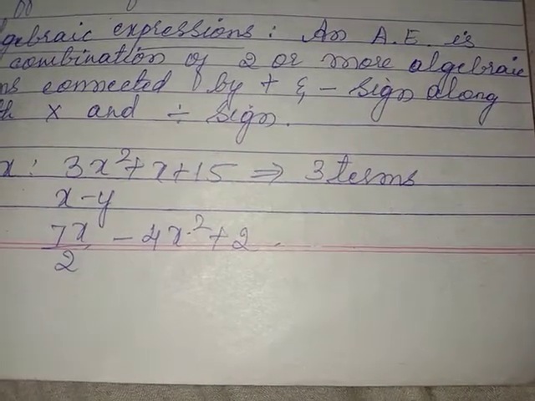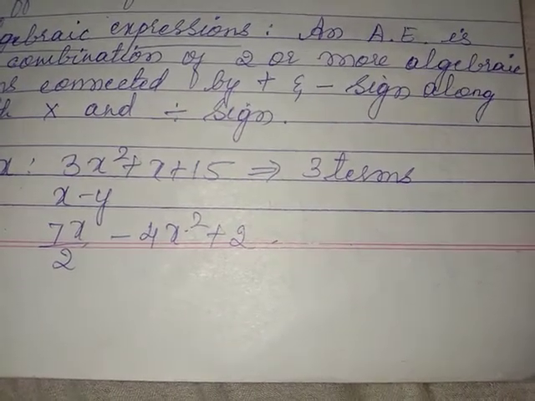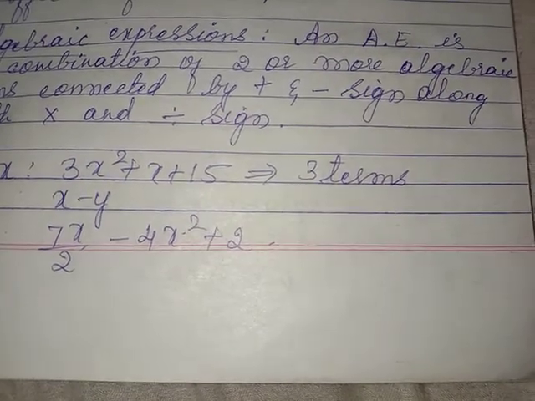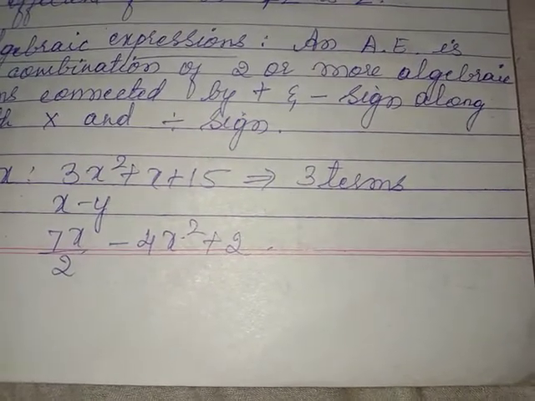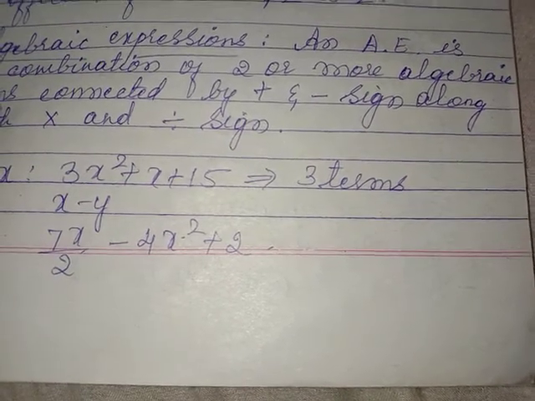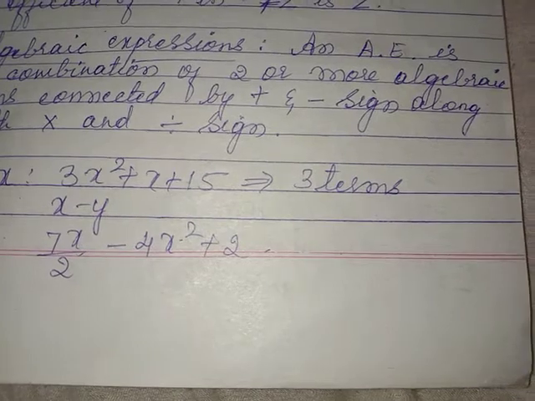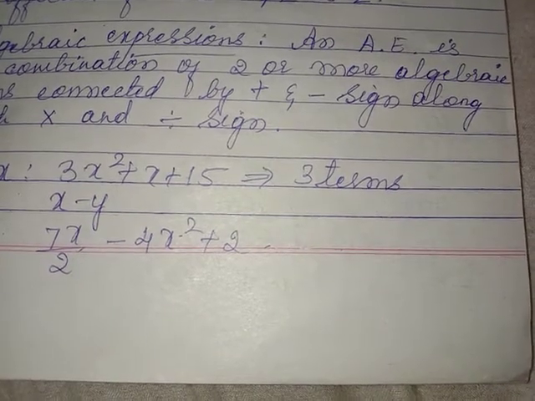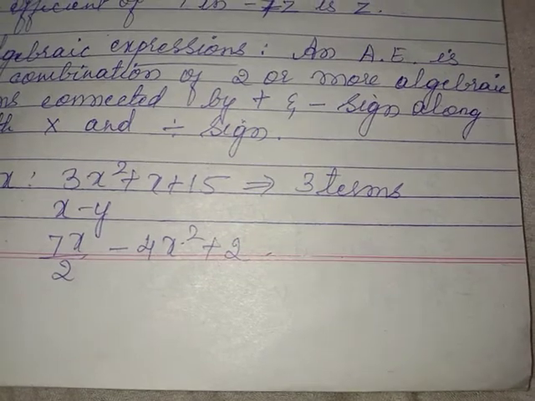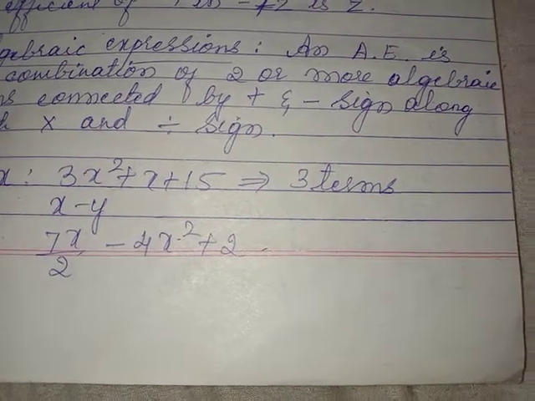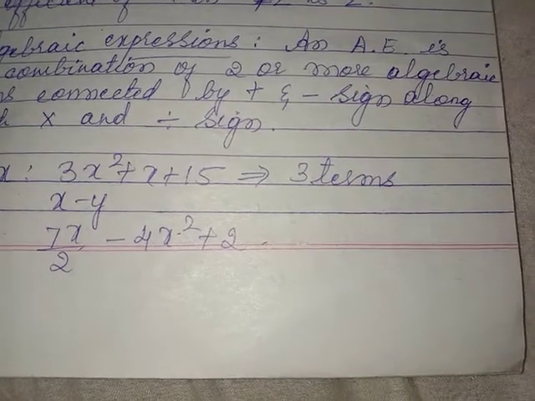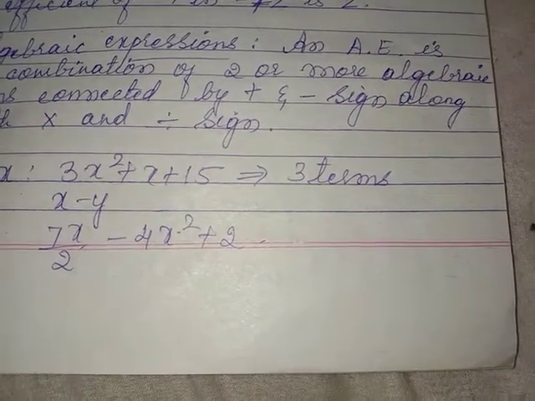And in the next term, 4x square is another term. Along with the sign you have to take minus 4x square. In that, what is the numerical coefficient? Minus 4. Okay children? Understanding now? Then the next term, what do we have? 2 is a term. But here 2 is a constant. Understood children?